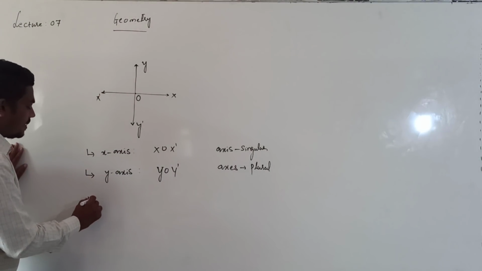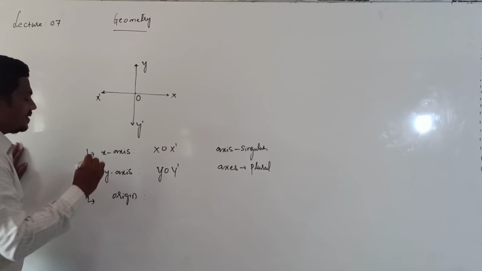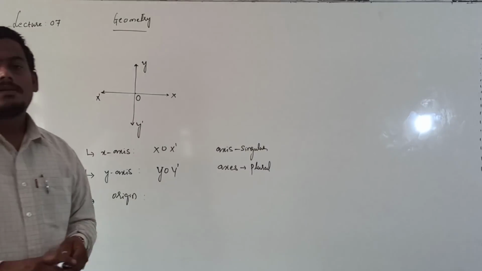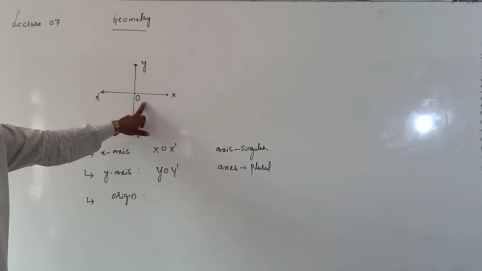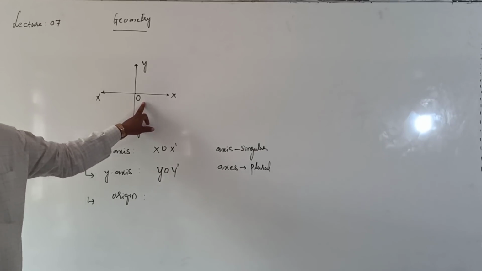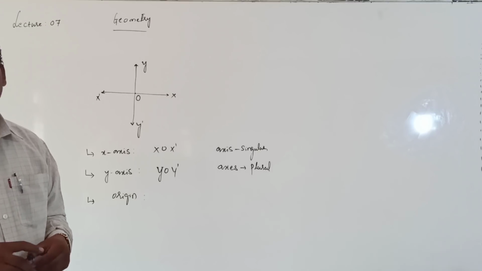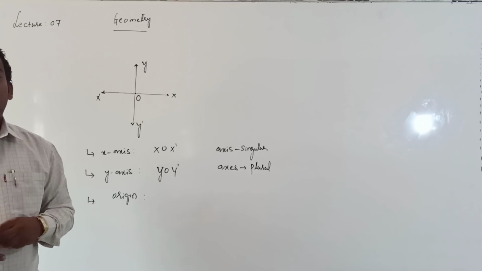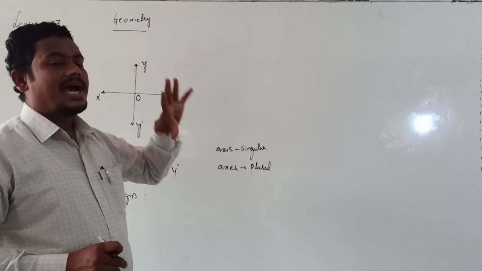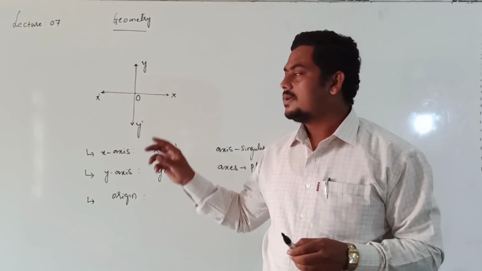Next, origin. The point of intersection of coordinate axis. Then what is definition of coordinate axis?